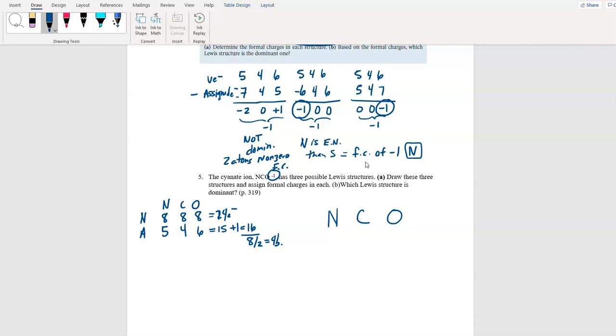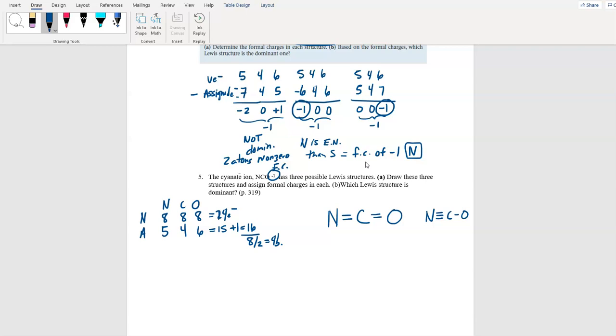If I come up with 4 bonds and I only got 2 locations, so here's where it comes to, could it be a double and a double, or could it be a triple and a single? But here's the problem, okay? Who says the single or who says the triple can be on this nitrogen, okay?